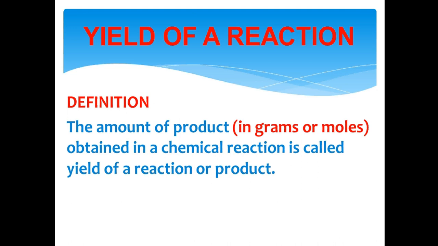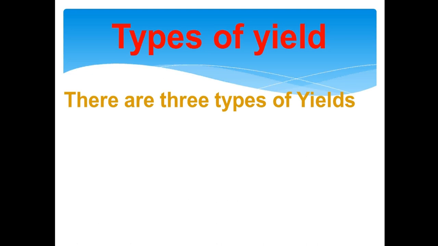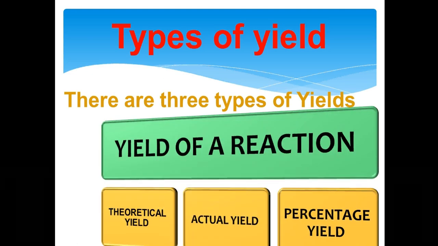Let's talk about types of yields. There are three types of yields: theoretical yield, actual yield, and percentage yield.